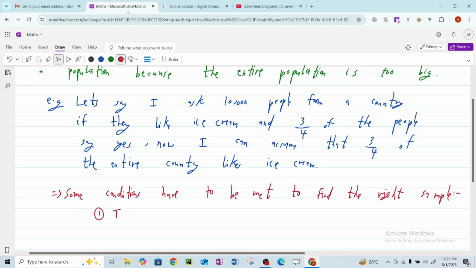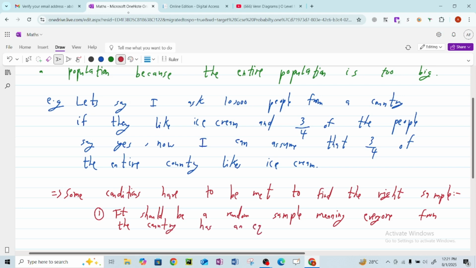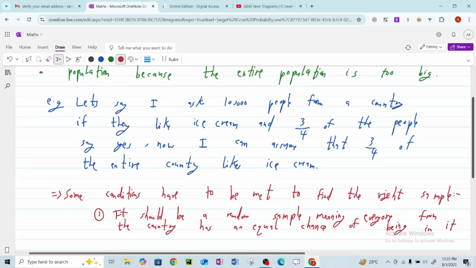First one, it should be a random sample, meaning everyone from the country has an equal chance of being in it. Okay, that's the first thing.